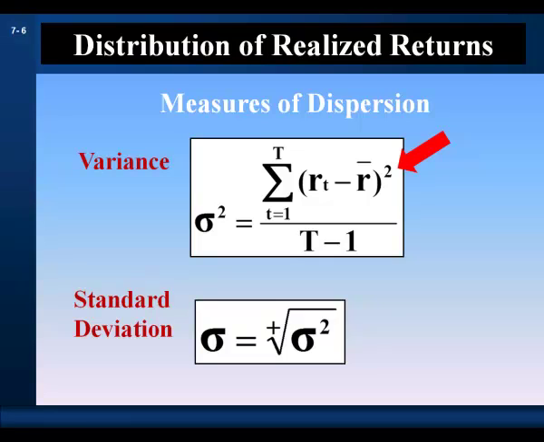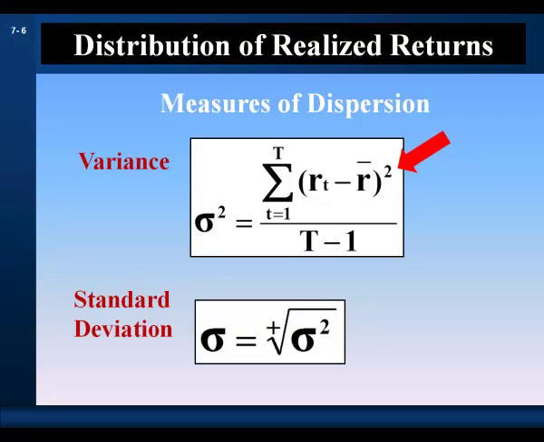We square the deviation from the mean. This does two things. It removes the sign of the deviation, and it gives greater weight to the bigger deviations. We do this for all years.